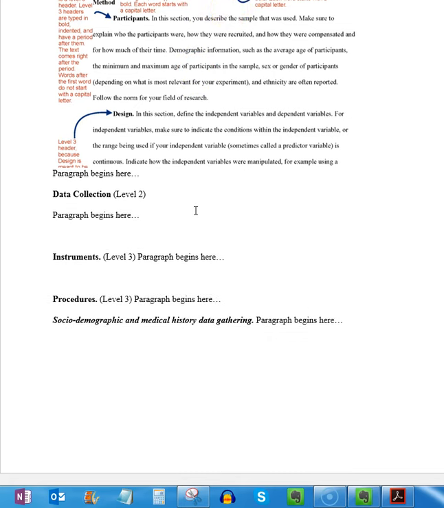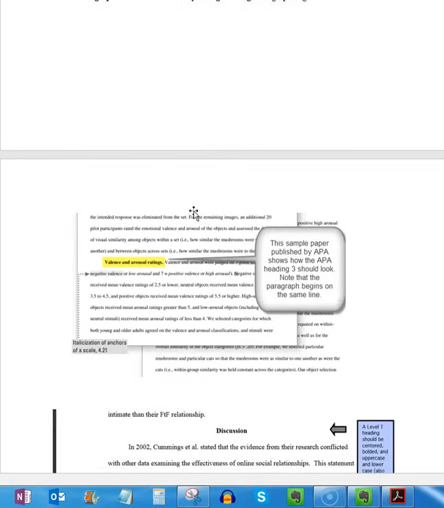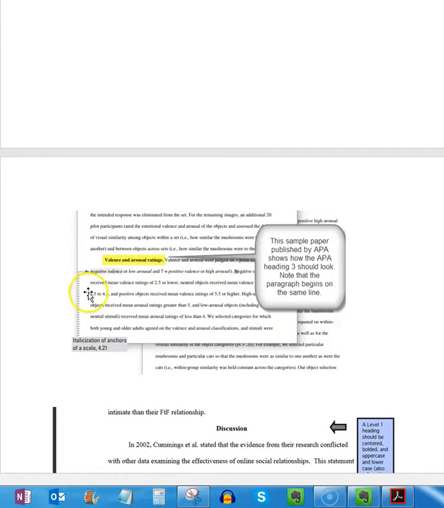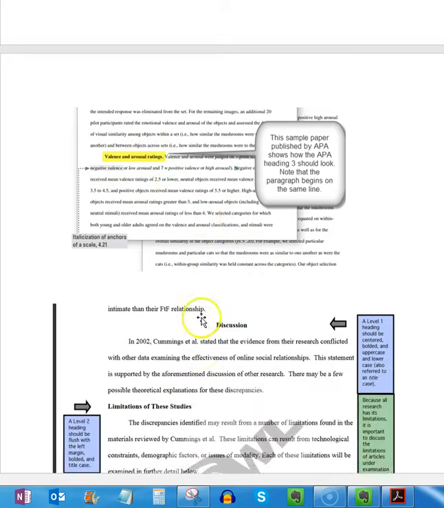So here is another example of level 3. Level 3 is in the paragraph. It starts with a capital letter. It's all bold, and it ends with a period. And of course, it's highlighted here just so you can read it.